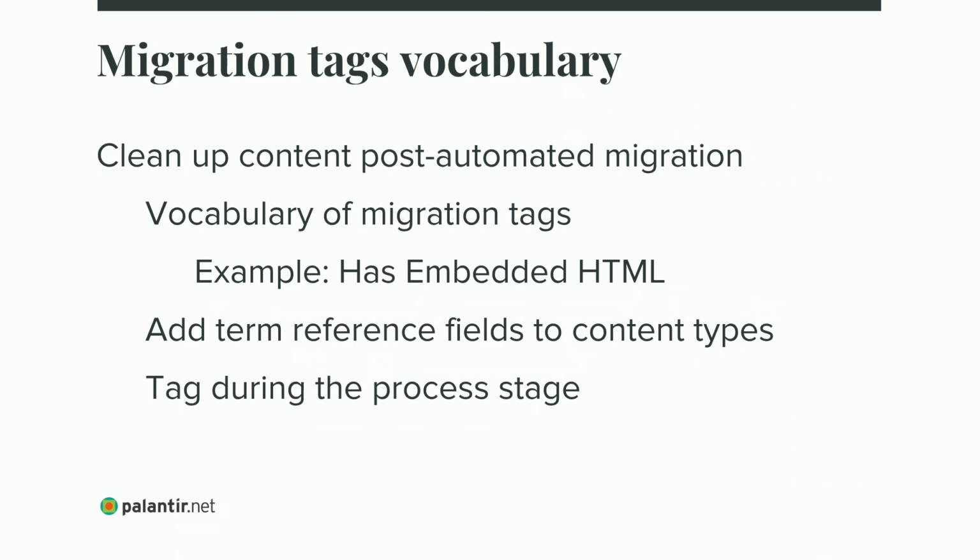We create a vocabulary, create a field on all the content types that we're migrating, and then as we're processing those entities, identify things like this has embedded HTML, or this has an image, or this has a link that's an absolute link. These are flags that people can come back to as they're doing content editing and filter all their content and say, oh, I need to review this in a hand-by-hand manner.